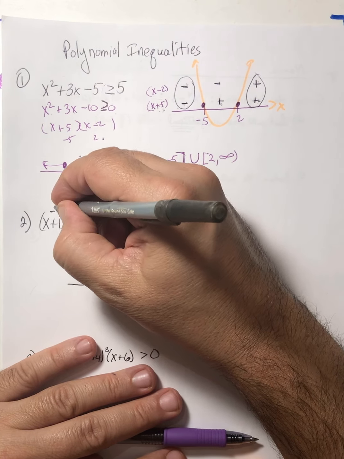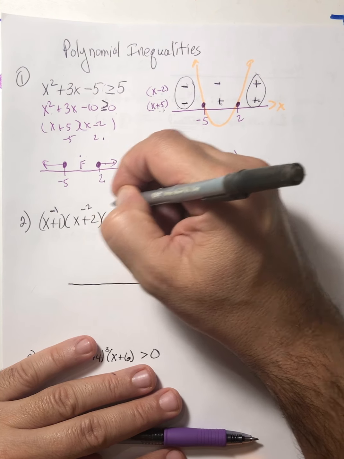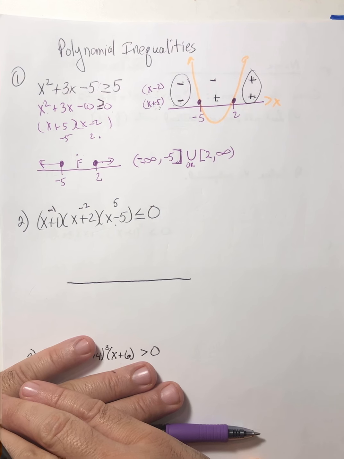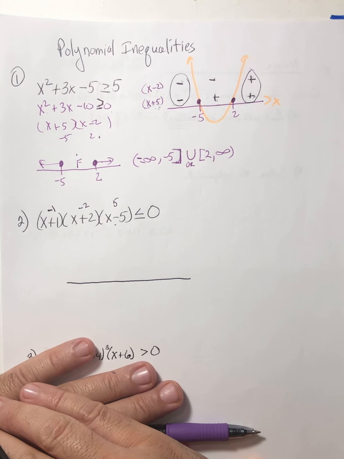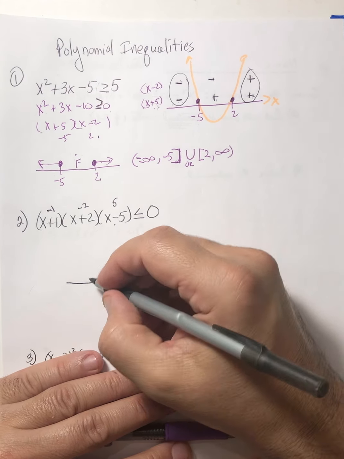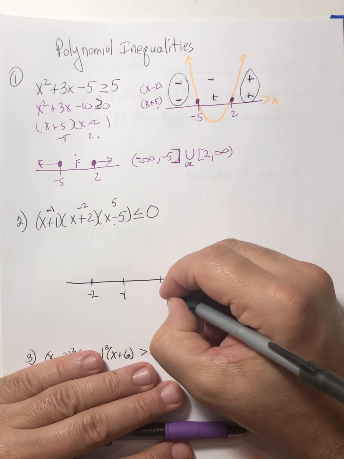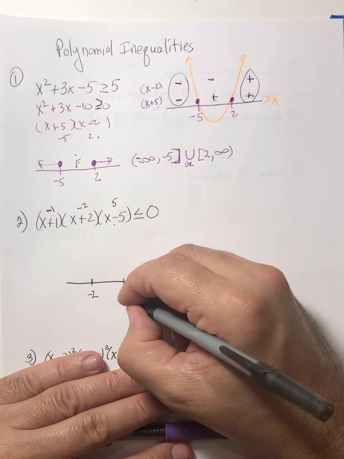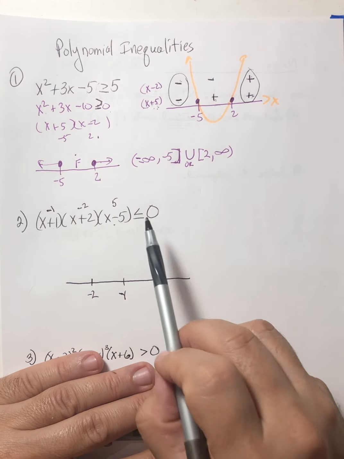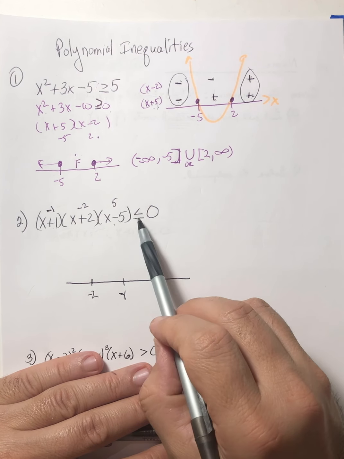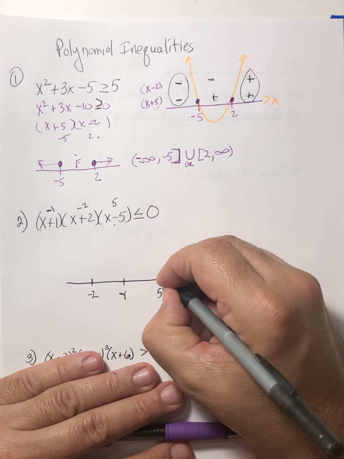The roots here are -1, -2, and a +5. You make sure you put them in proper order. If you can't put your numbers in proper order, you better ask somebody what comes first, -2 or -1. Okay, here we go. -2, -1, and 5. I don't care how far apart you spread them out. All right, what kind of circles are we using here on these roots? That's right, they're closed circles.